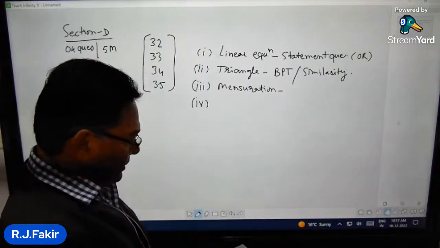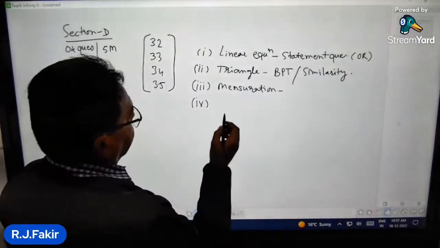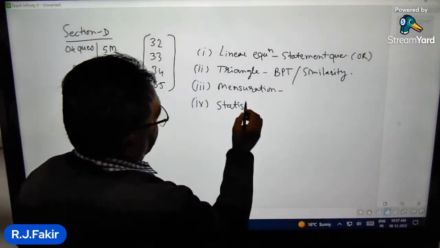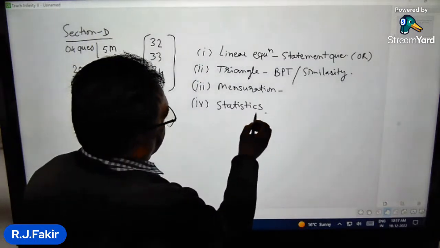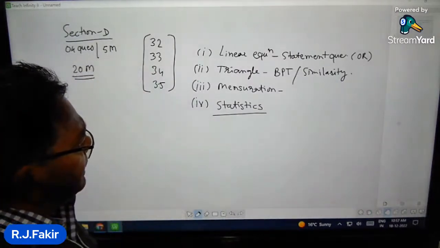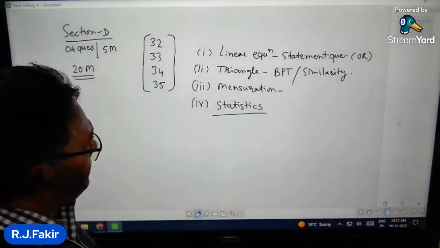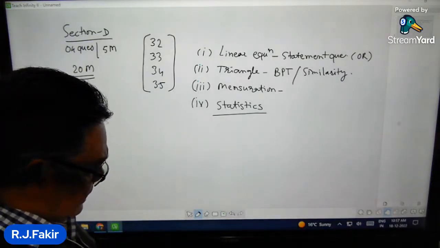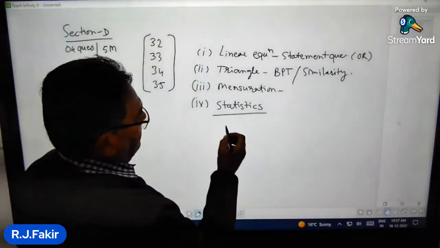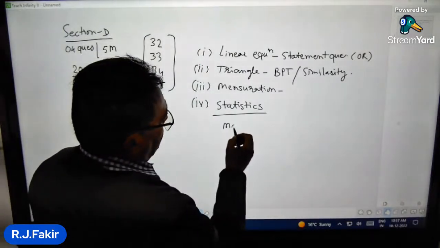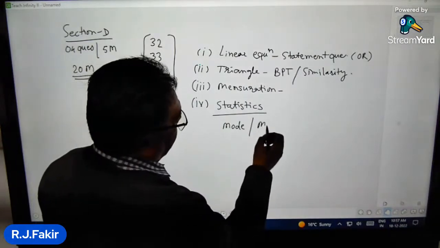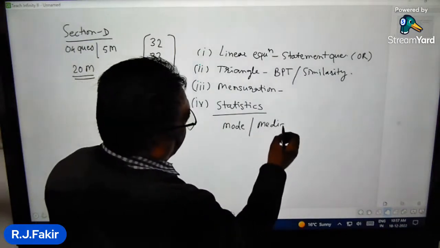And one question you will get from statistics. Now this is very important. Statistics basically, mean everybody remembers. The problem is the two formulas we have, one for mode and another for median.